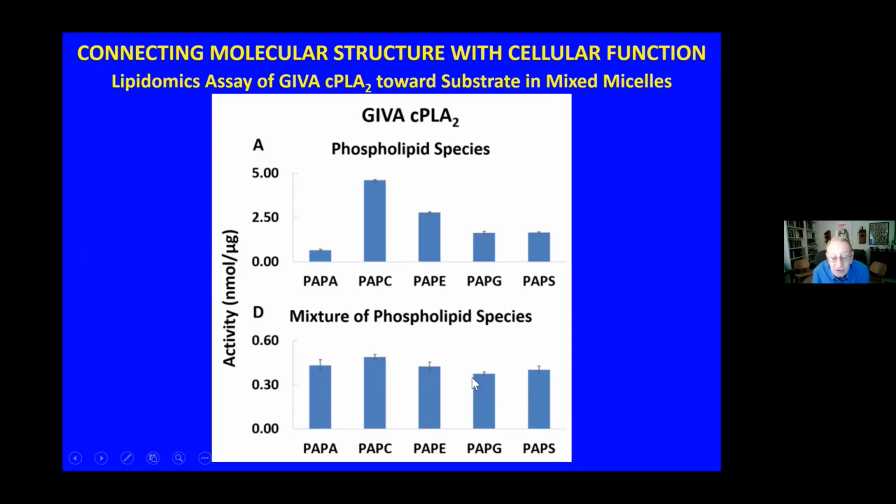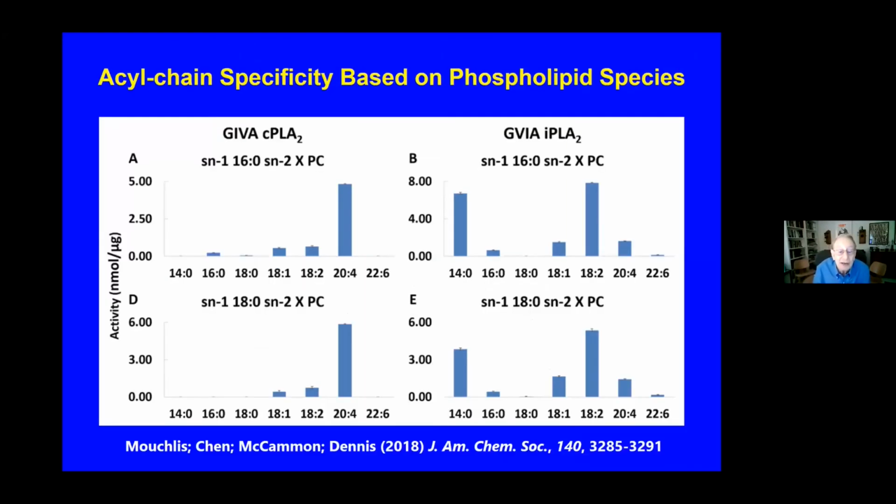And what this experiment shows is the specificity of this phospholipase A2 is not for the polar group on a phospholipid, but it works equally on all polar groups when one has an equimolar mixture in a membrane or a micelle. In contrast, this enzyme in the upper left has a great specificity for the fatty acid at the 2 position, in which it's 20:4, which is arachidonic acid. What I've been speaking about all morning is the best fatty acid in the 2 position for this enzyme.